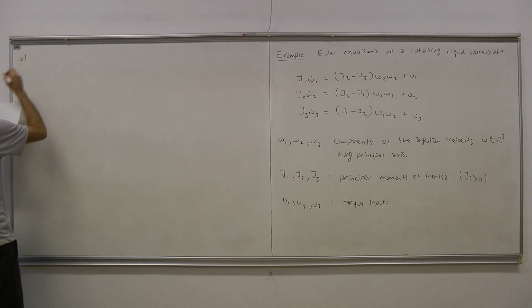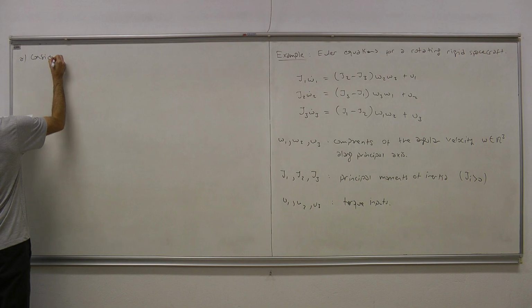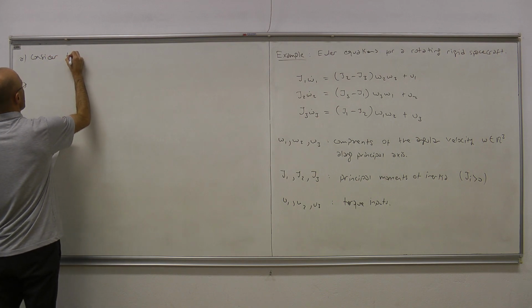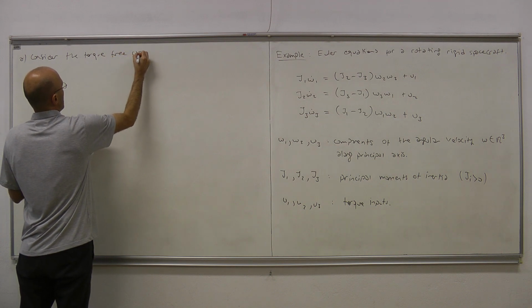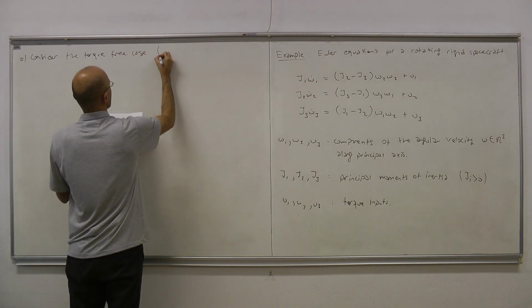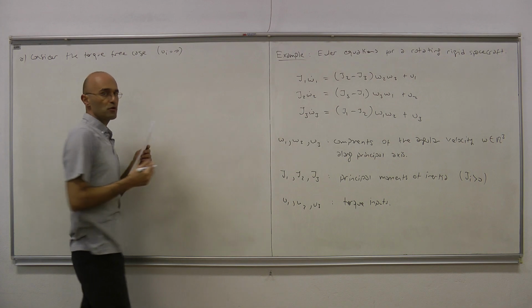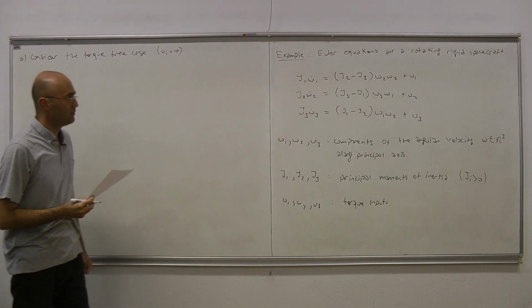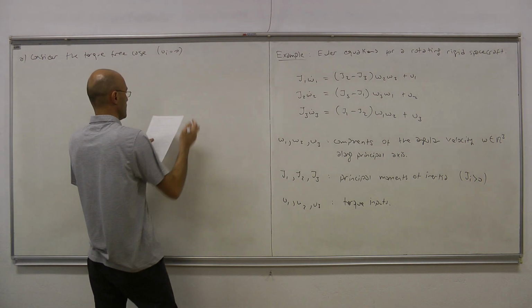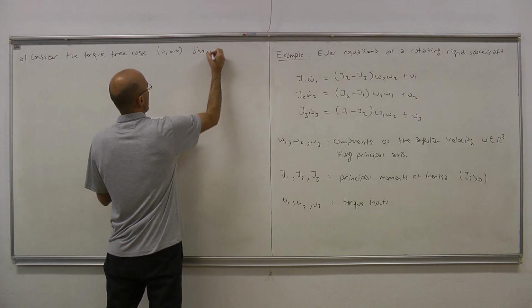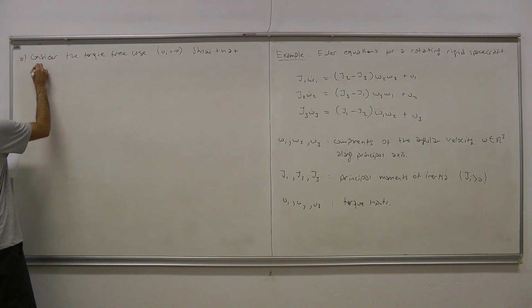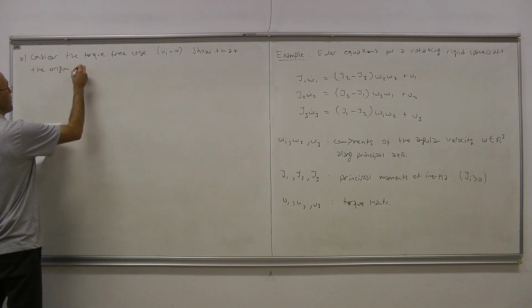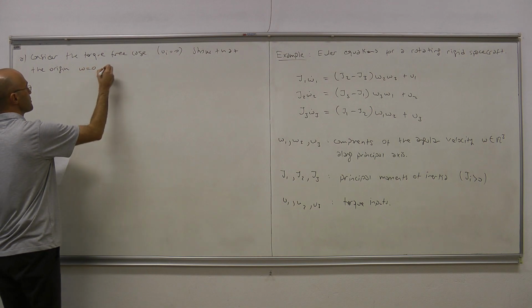In part A, we are asked the following. Consider the torque-free case. That is, all torques are set to 0, Ui equals 0. Show that, for that case, the origin is stable. Omega equals 0 is stable.